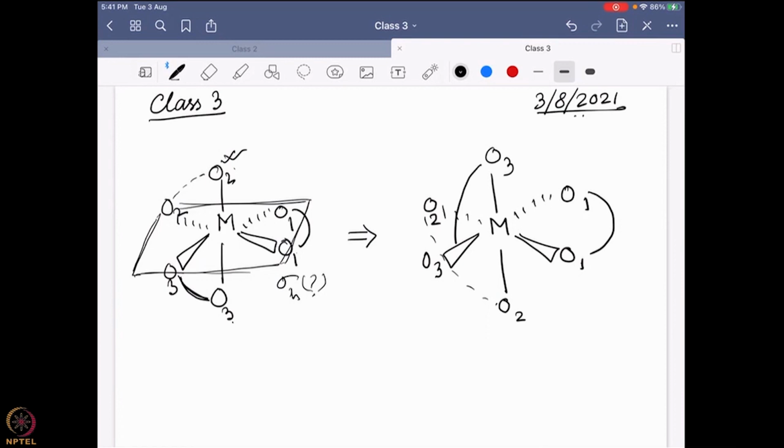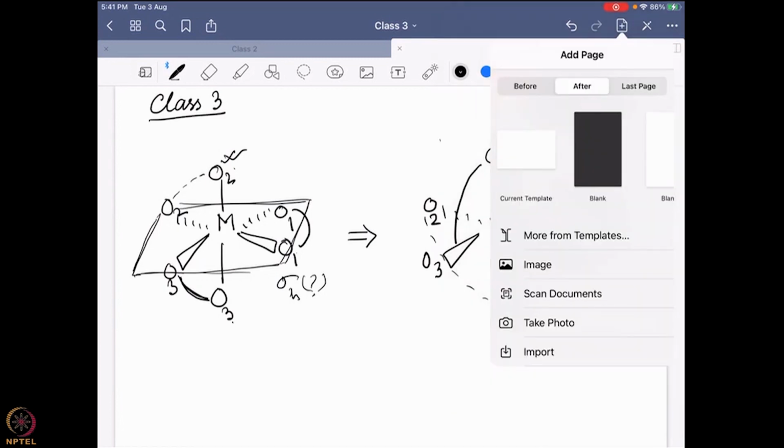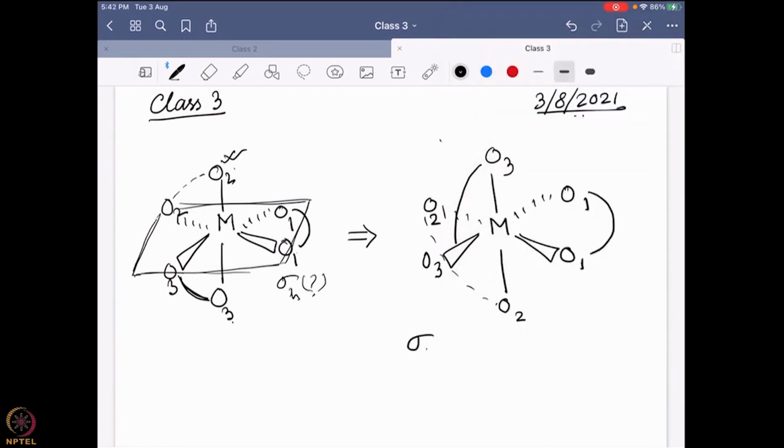So we'll proceed forward. Before that, over there, I want to write: no sigma h plane present. The other thing is that for this plane you have drawn, it is actually better to see if you draw the octahedral shape. I'm trying to draw the octahedral field, how it looks.